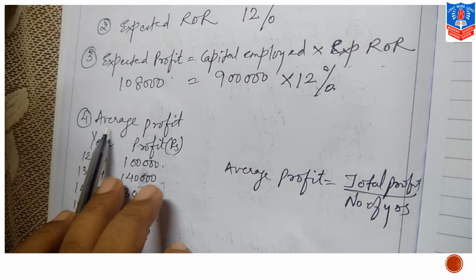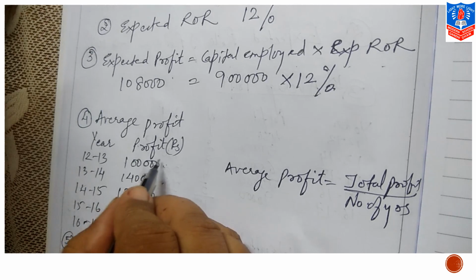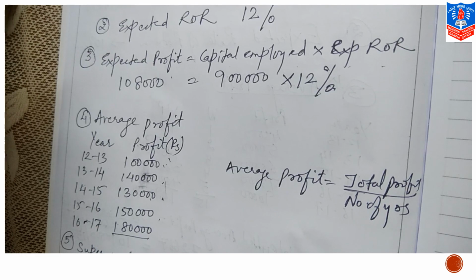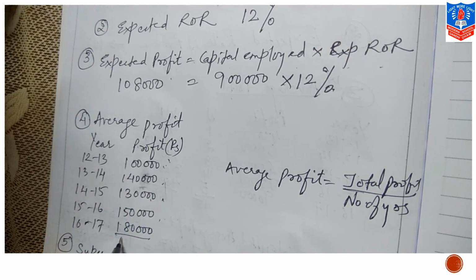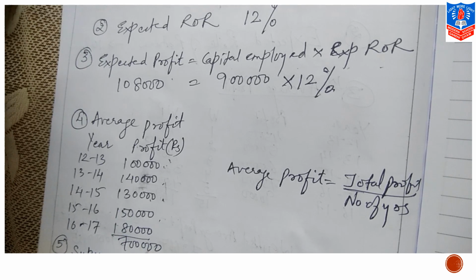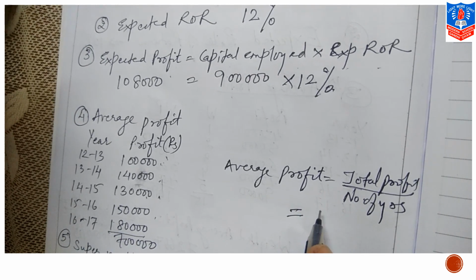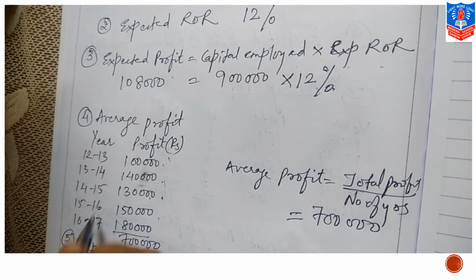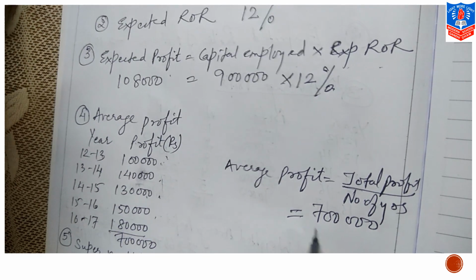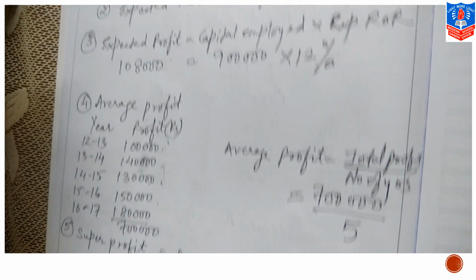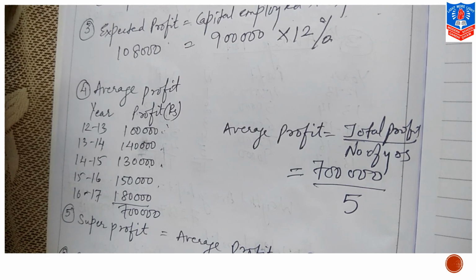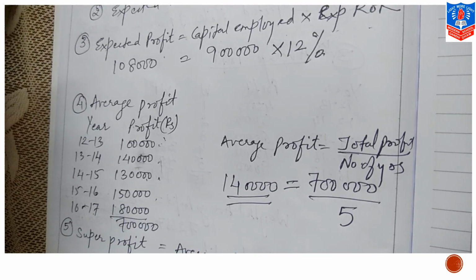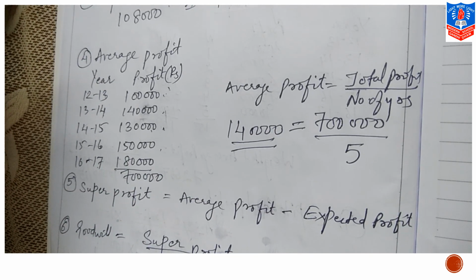In this case, simple average profit is the method used to find out average profit. Total profit divided by number of years, 5. So we get average profit of 1,40,000 in this way.